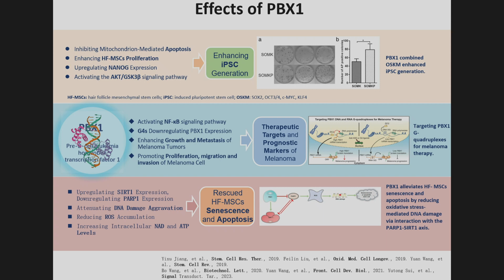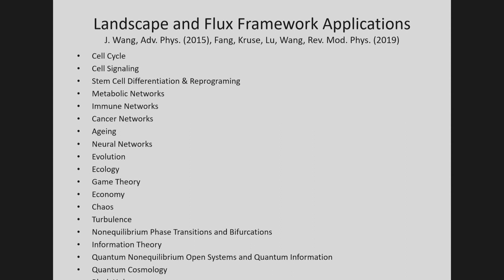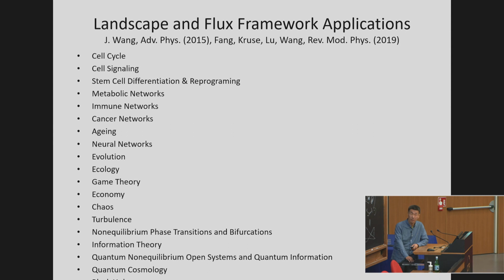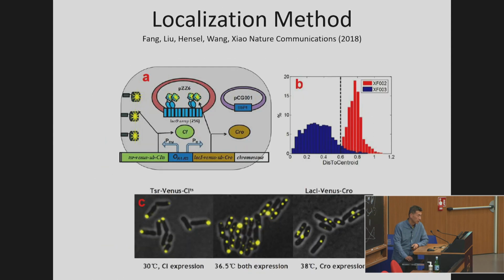So they are looking deep into it and trying to start a company on that. So we have applied this to intracellular networks and intercellular networks, and also some physical systems, and it has been summarized in a few reviews.